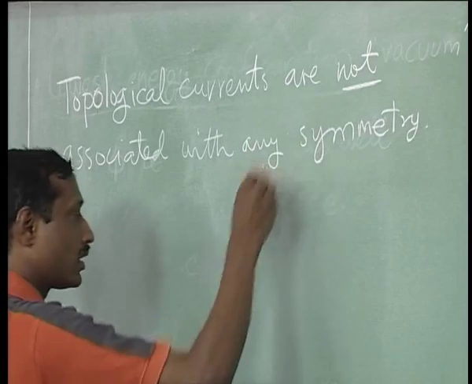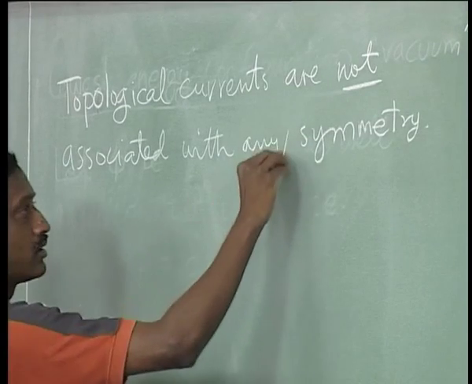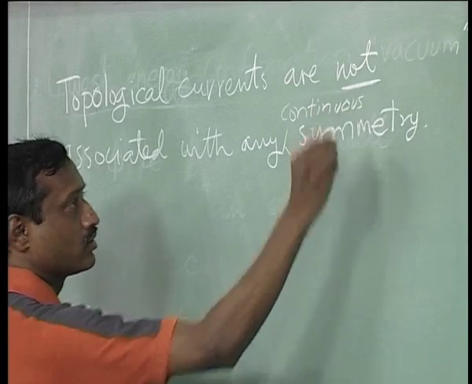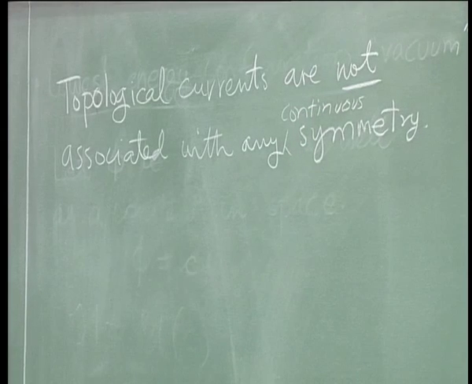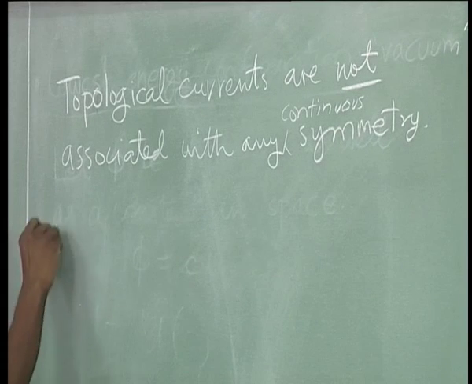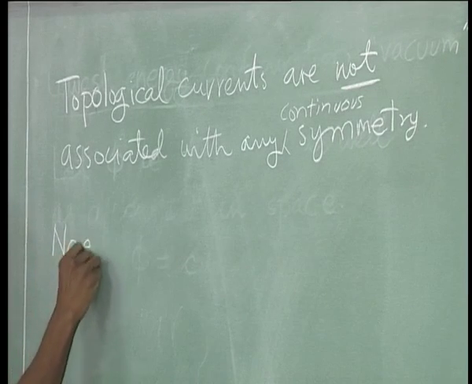Actually, the precise statement is that the symmetry should be continuous, otherwise you do not expect conserved currents, where you have some parameter that you can vary. So I will just make the statement of Noether's theorem, and we will discuss this.